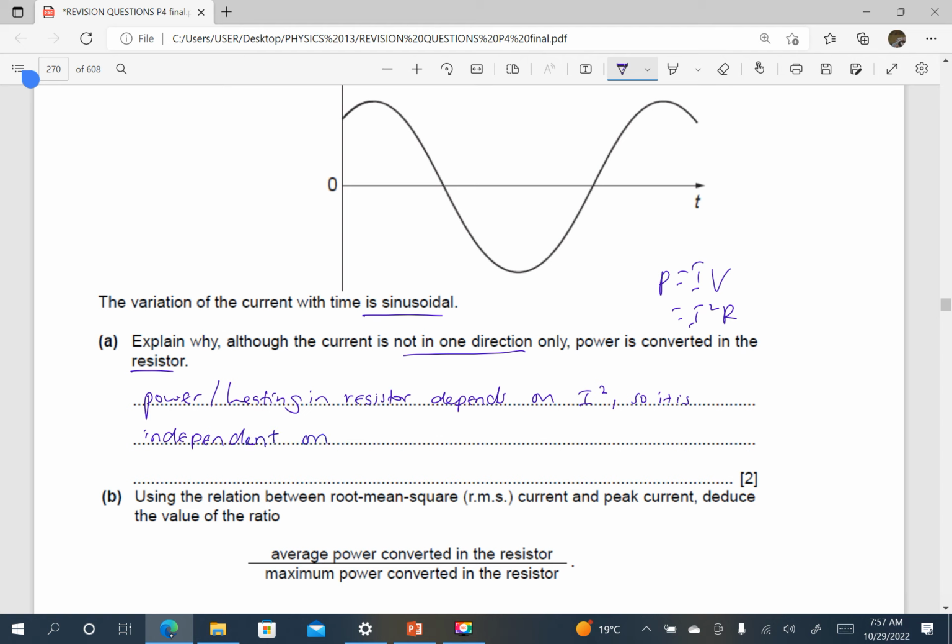Independent of current direction. It is independent of the current direction because I squared is always positive.